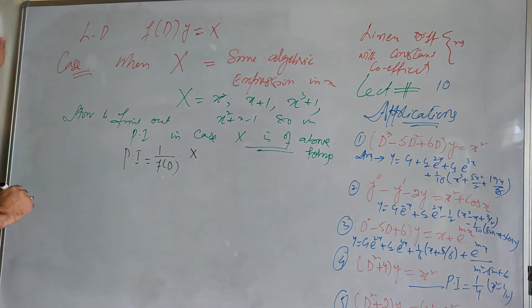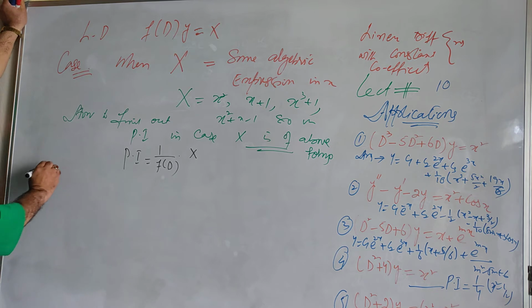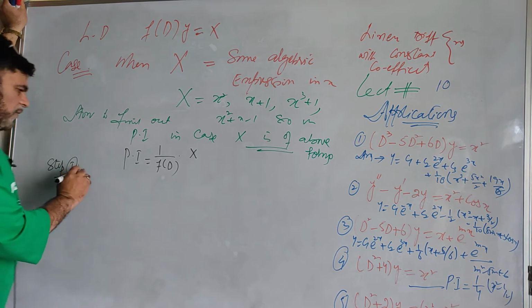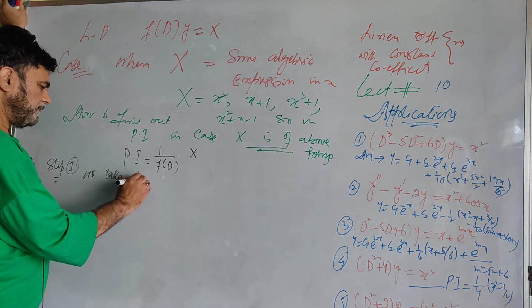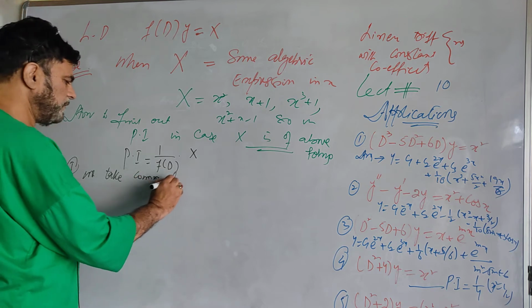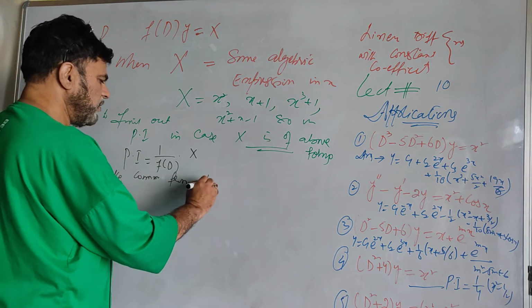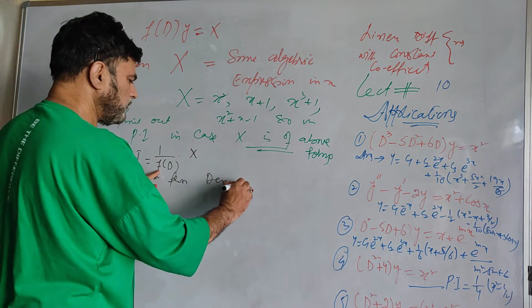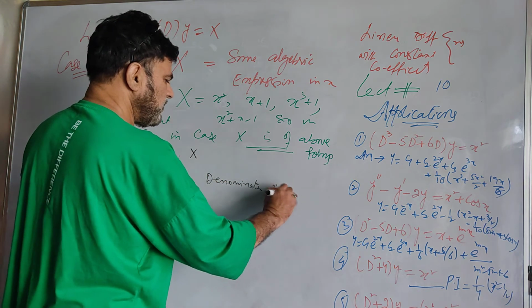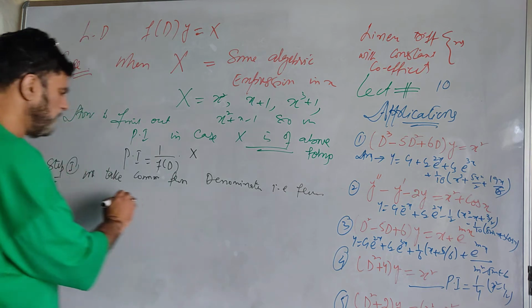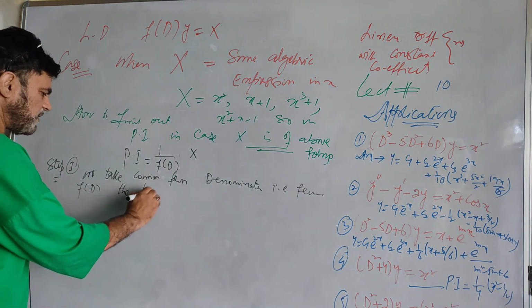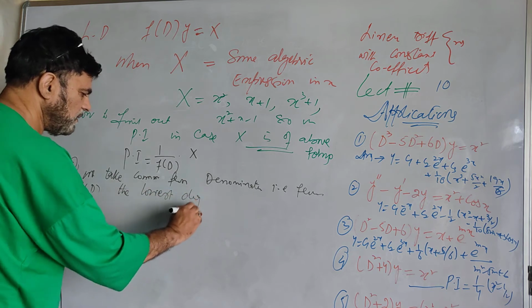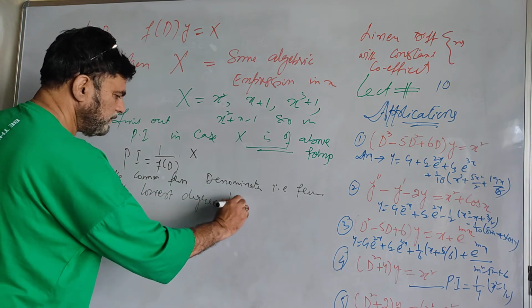We note here some steps. What we do is, step number one, we take common from the denominator, that is from the function f(D), the lowest degree term.